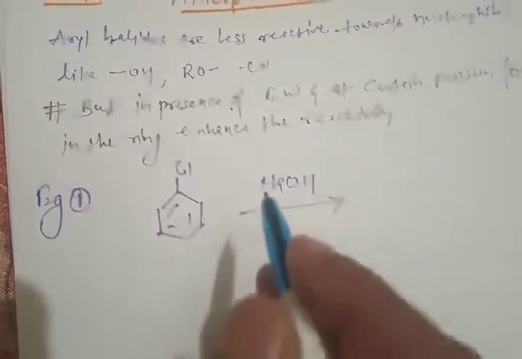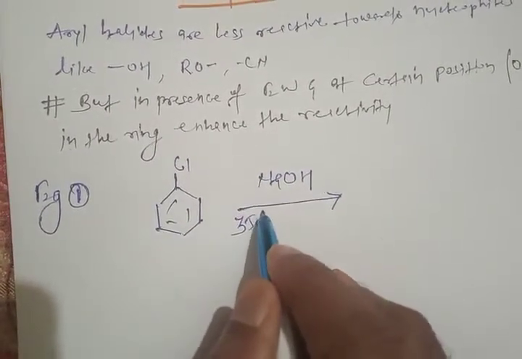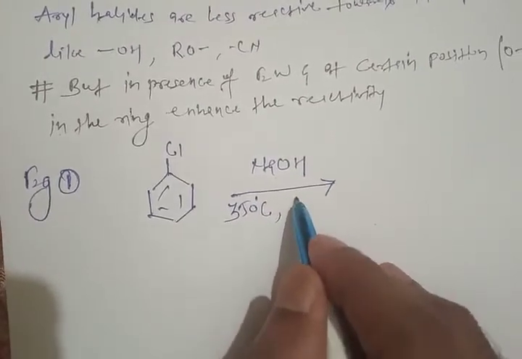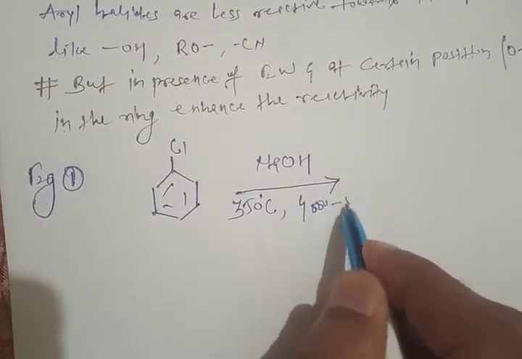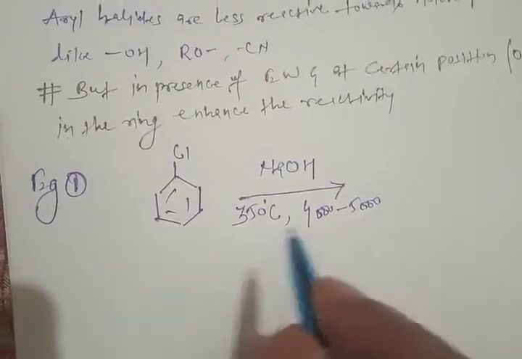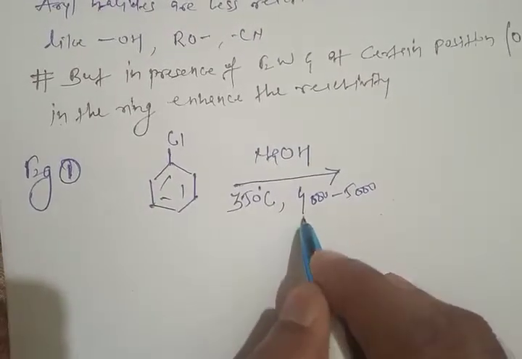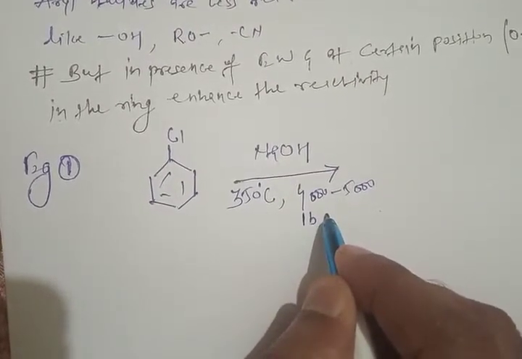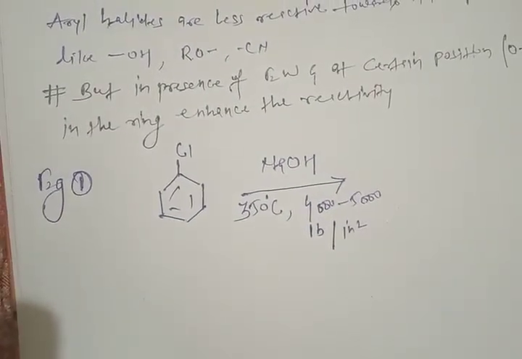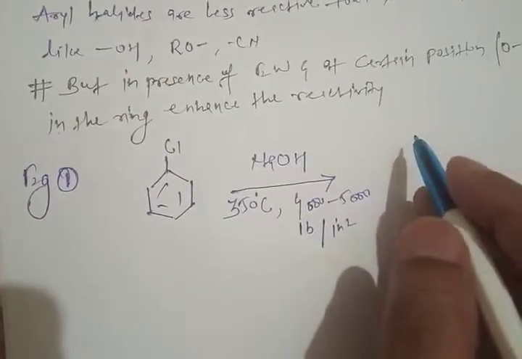The conditions required are temperature and pressure. So 350 degrees Celsius temperature, and something like 4000 to 5000 atmospheric pressure. If you convert this value, it requires a certain temperature and pressure.